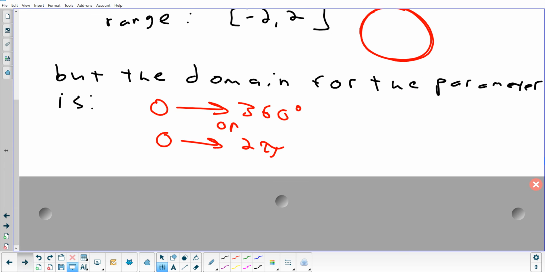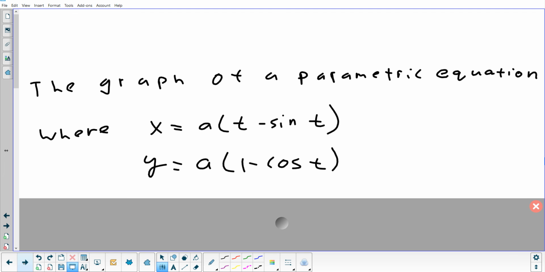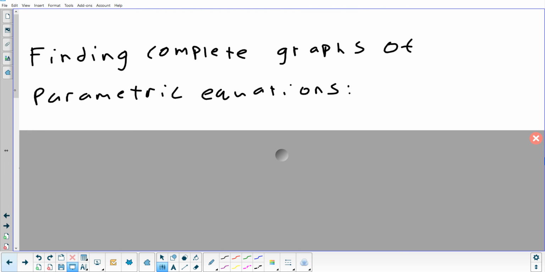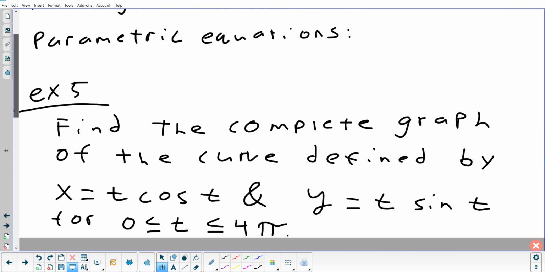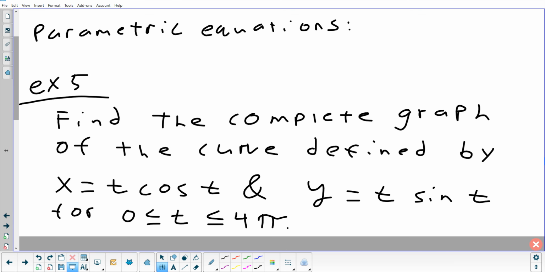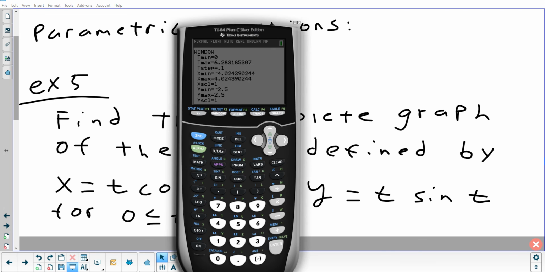All right, so let's try just a few other sketches and see if we can get good windows for them. Let's try this one. It says x equals t cosine t, and y equals t sine t.